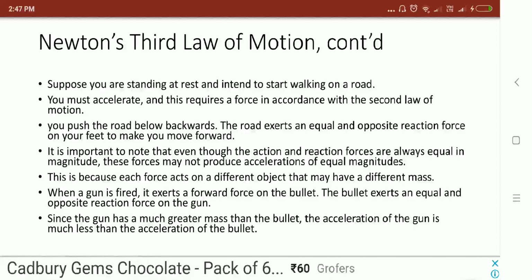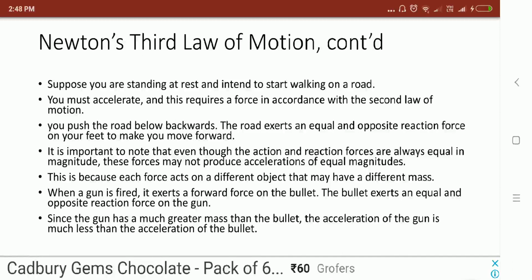We need a force for the acceleration. So how is this force available? We push with our feet on the road backward, and in reaction from the road we get an equal and opposite force on our feet so that we can move forward.